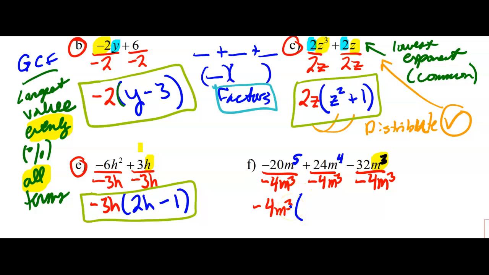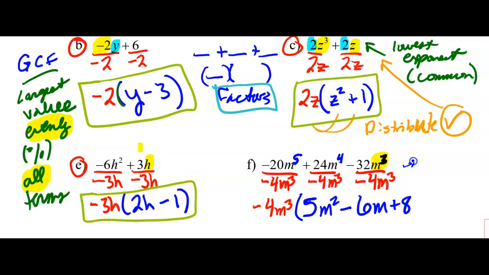Negative 20 divided by negative 4 is 5. M to the 5th over m cubed is m squared. 24 divided by negative 4 is negative 6. M to the 4th over m cubed is m. Negative 32 over negative 4 is negative 8.